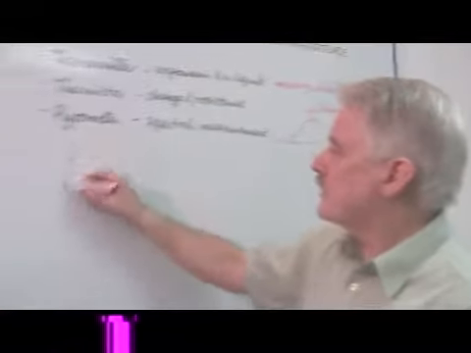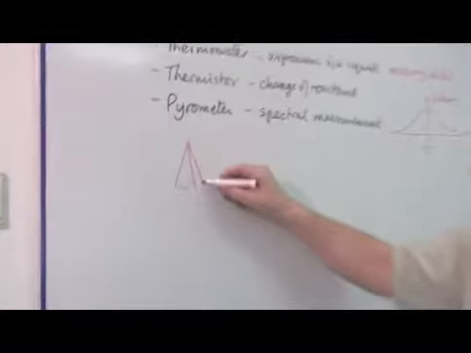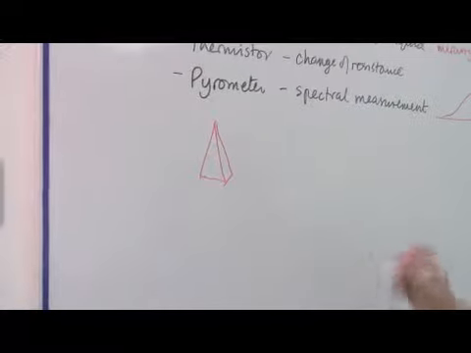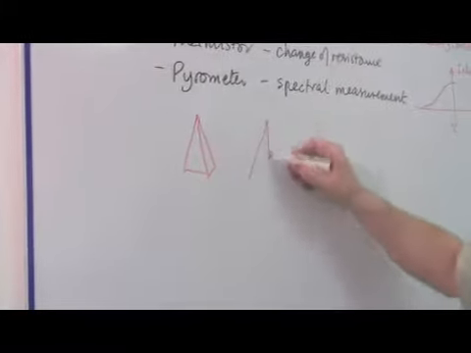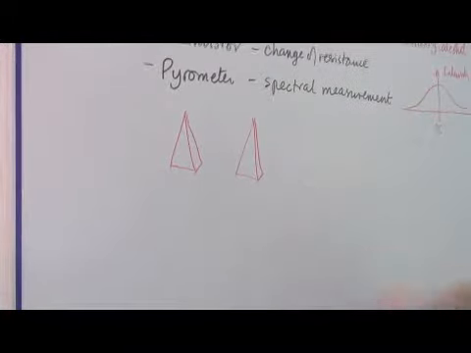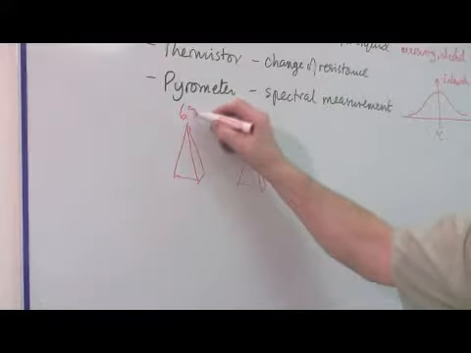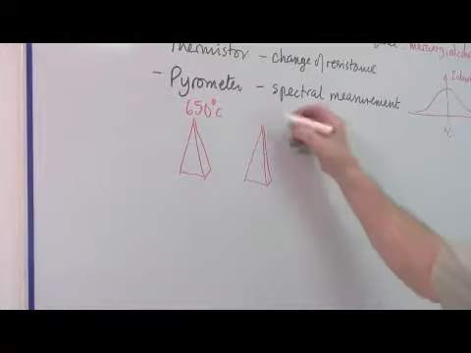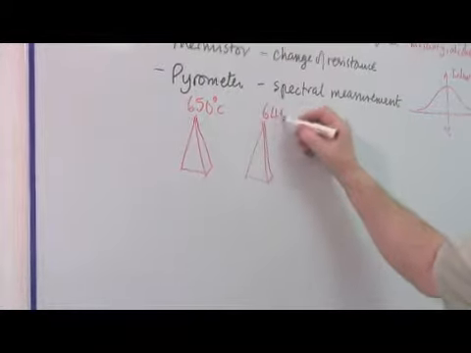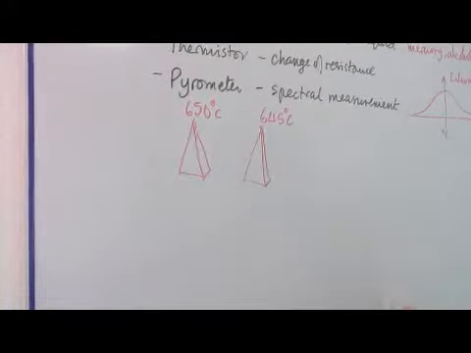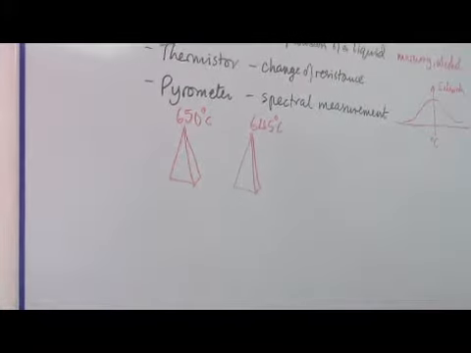You might have seen something like this occasionally, used by a potter. He will have a series of little pottery towers, and this one is 650 degrees Celsius, and this one is 645 degrees Celsius, and these are the temperatures at which these things melt.